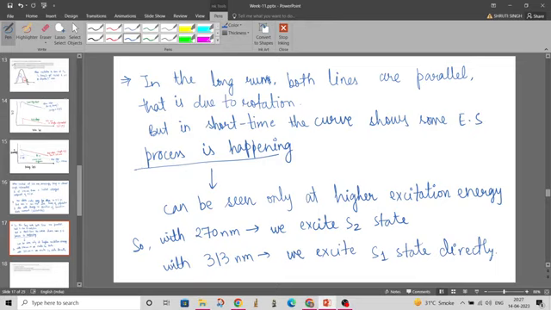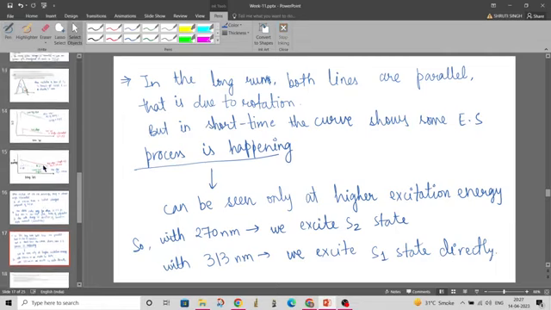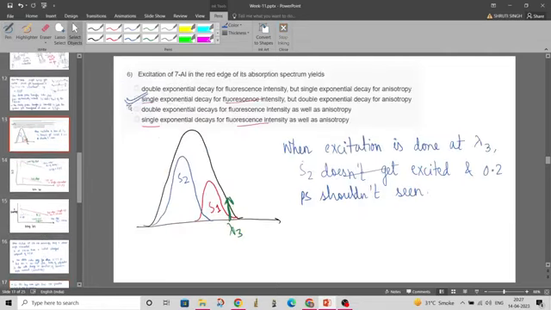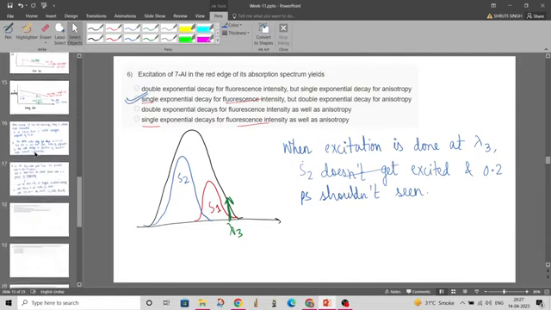So this was the conclusion they got from these two decays. Okay, so this was question 6.